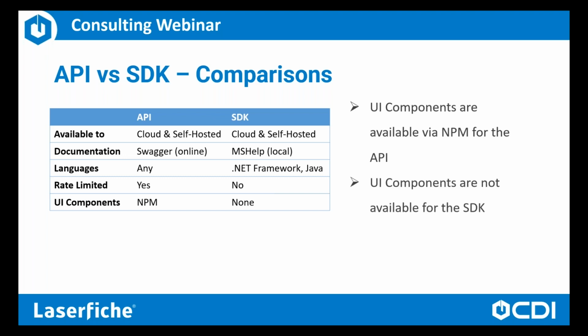With the Laserfiche SDK, unfortunately, there are not any UI components available. However, with the SDK, you are able to build your own UI components and provide more functionality than what would be available within the UI components from the API.